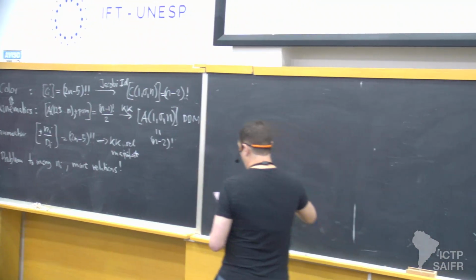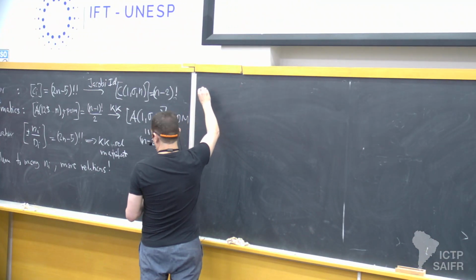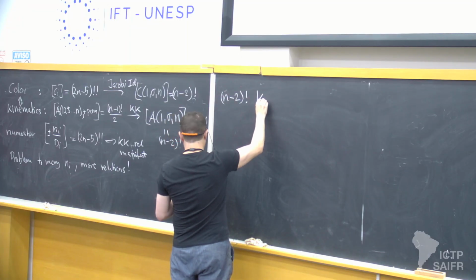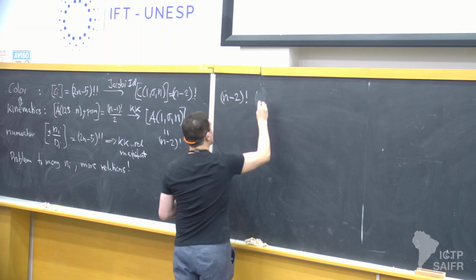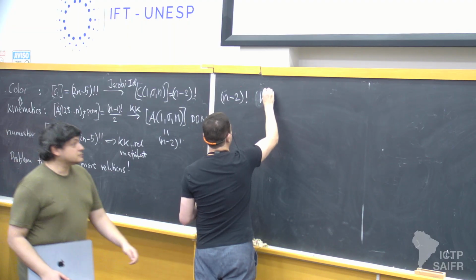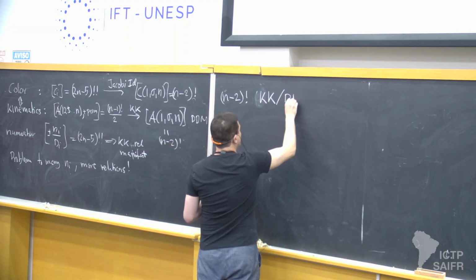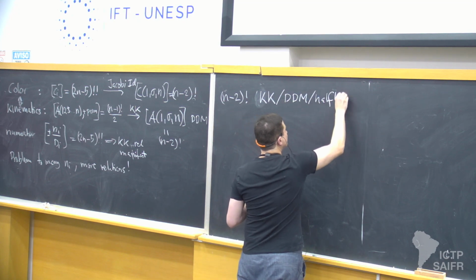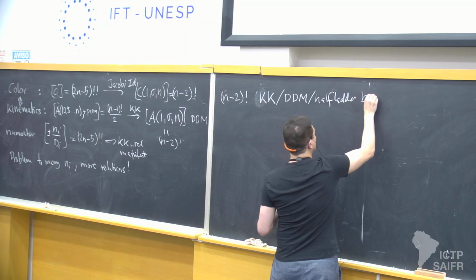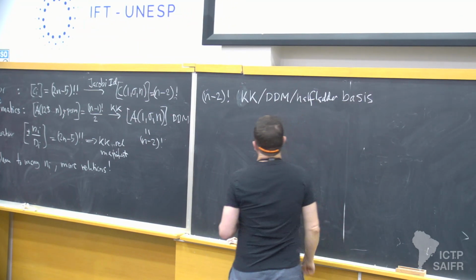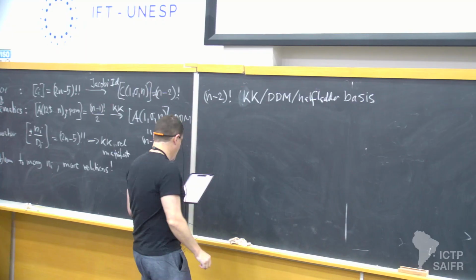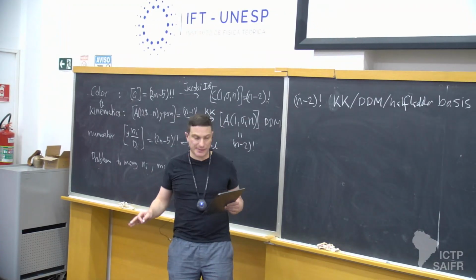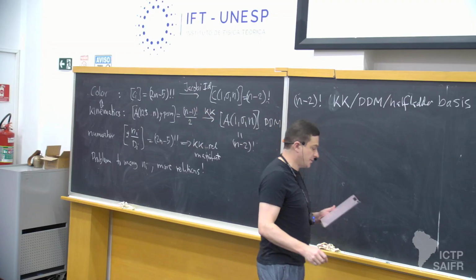Okay, so this (n-2) factorial basis, I don't know what to call it, KK or DDM or half-ladder, this basis always exists if you're working with only adjoint particles at tree level.